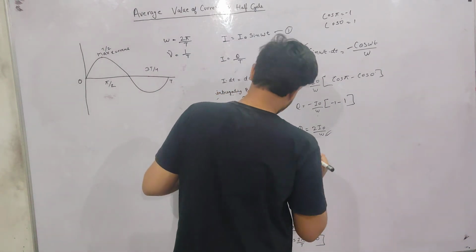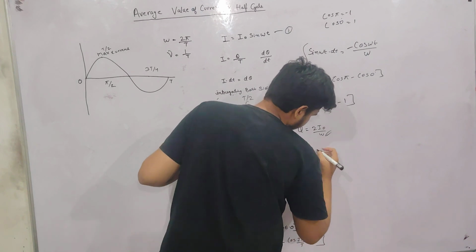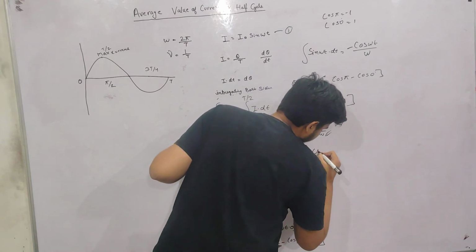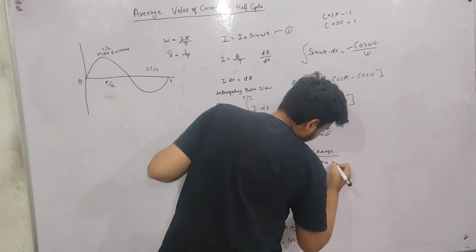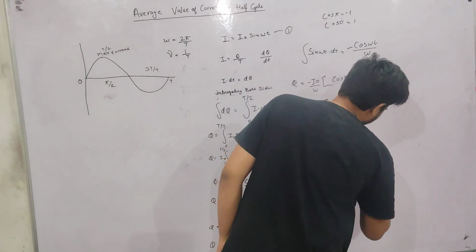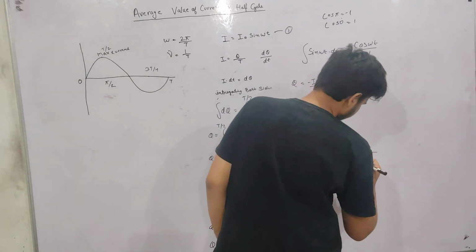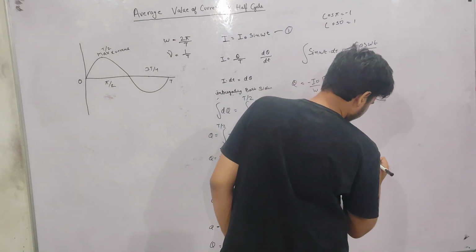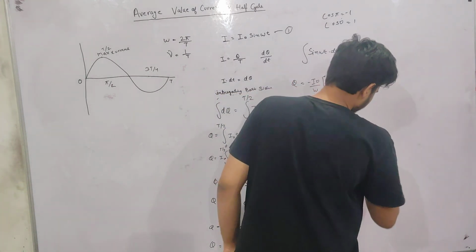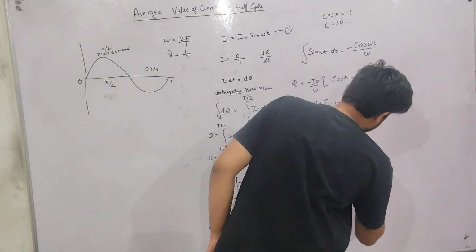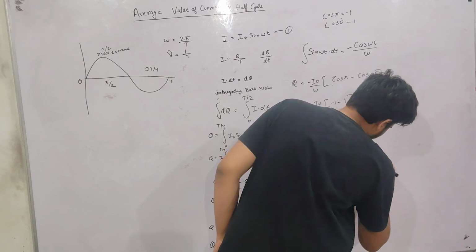Now we will derive the average value of current in half cycle. I equals charge by time, which is 2 I naught by omega divided by T by 2.